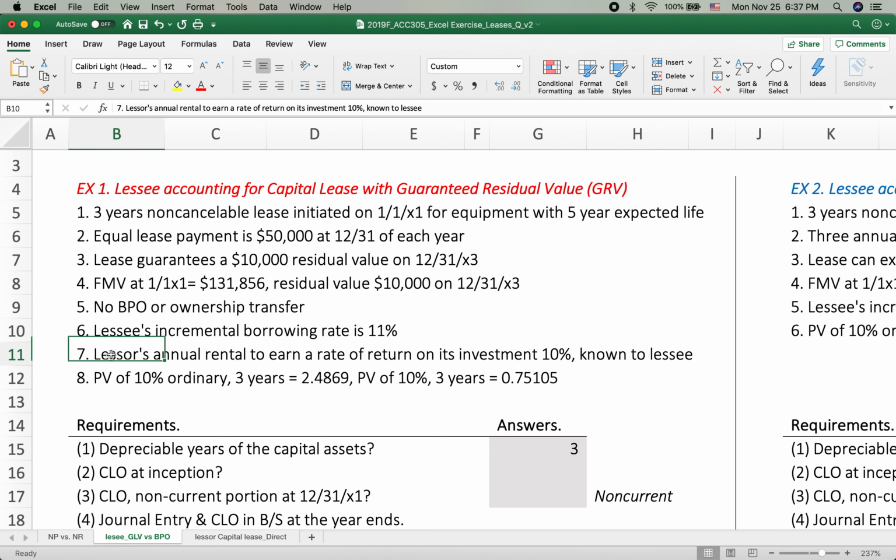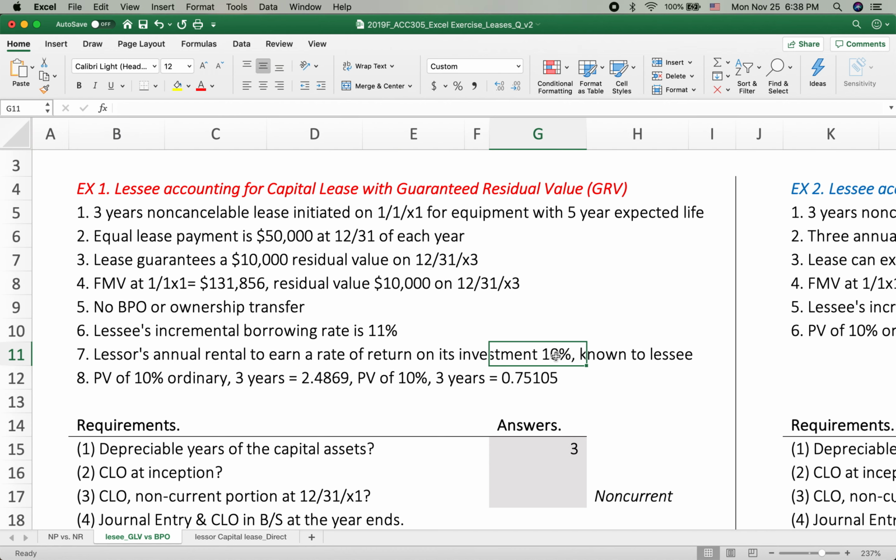We have two rates. First one is the lessee's incremental borrowing rate, 11%, and the lessor's annual rate to earn a rate of return on its investment, 10%. So, from the perspective of the lessee's side, this investment at 10% is the required rate of return from the lessor.